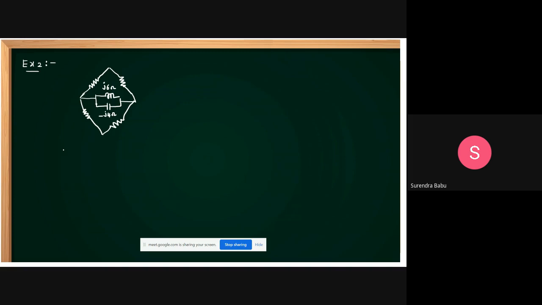Yes, friends, this is 2 ohms, this is 4 ohms, this is 2 ohms, and this is 4 ohms. Then you find ZAB, the impedance between A and B. This is A and this is B.